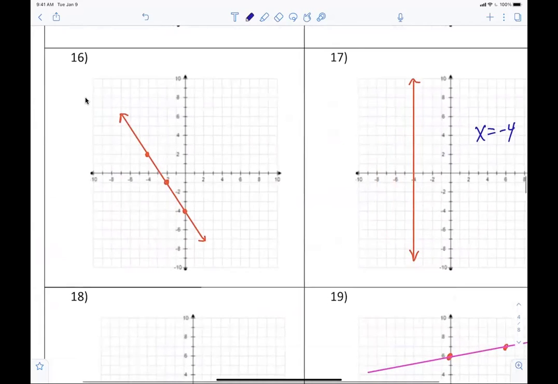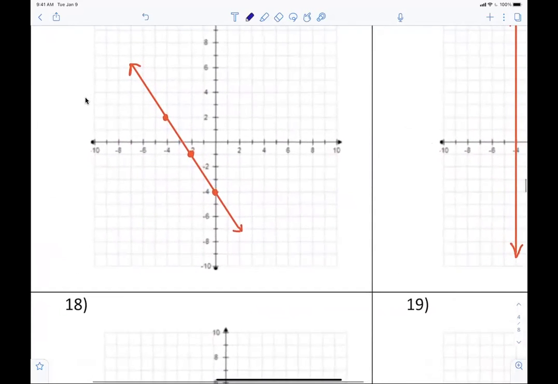All right, let's try 16. Tell me. So b is -4, and then m will equal 3 over -2.